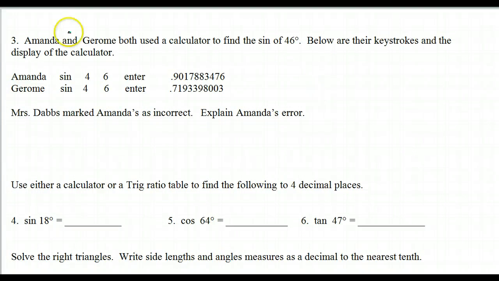Looking at number 3, Amanda and Jerome both use a calculator to find the sine of 46 degrees. Below are their keystrokes and the display of the calculator. So let me do these keystrokes and try to show you. There's an issue that you have to be careful of with your calculator, and I want to demonstrate that with this problem.